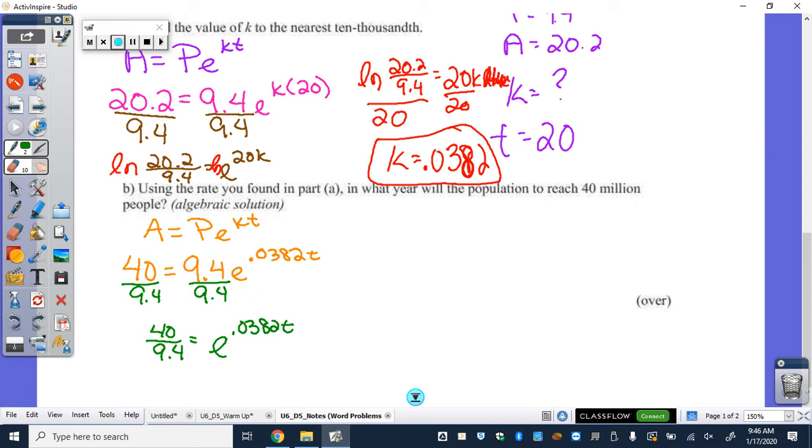So what do we do to both sides? ln. So the ln of 40 over 9.4 equals 0.0382t times ln of e. Again, ln of e just equals 1.